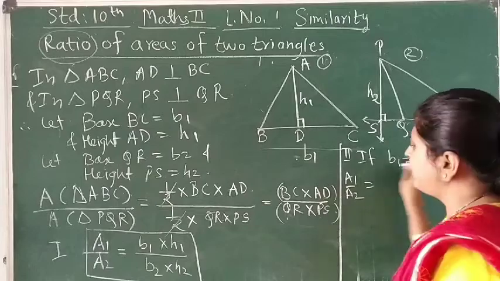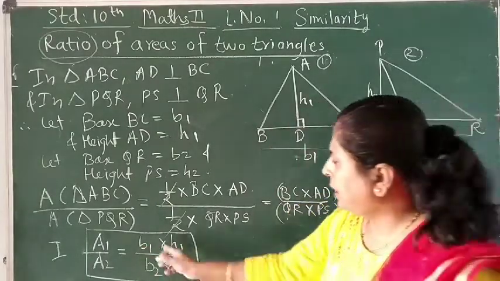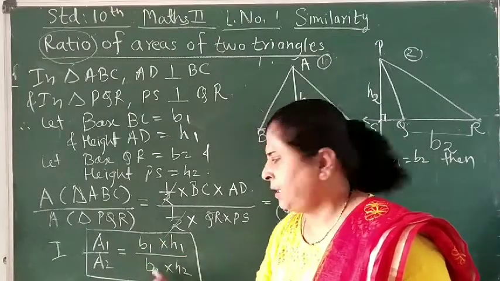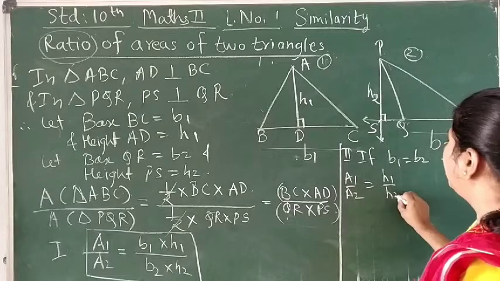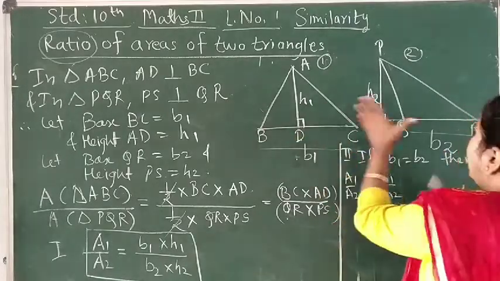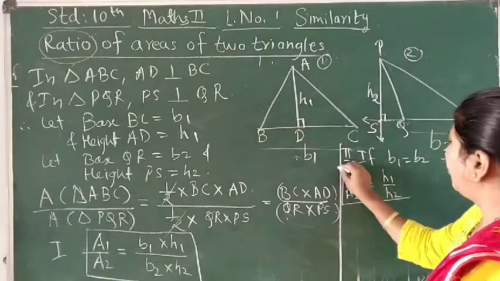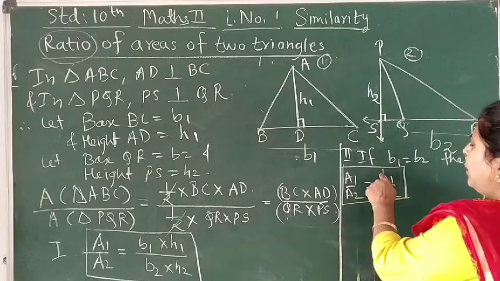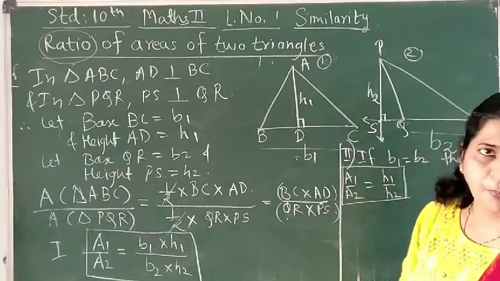If B1 and B2 values are the same, then this will also get cancelled and it remains only H1 upon H2. So if the bases of two triangles are equal, if BC and QR lengths are equal, then the ratio of their areas is going to be equal to the ratio of their corresponding heights. So this is the second property.